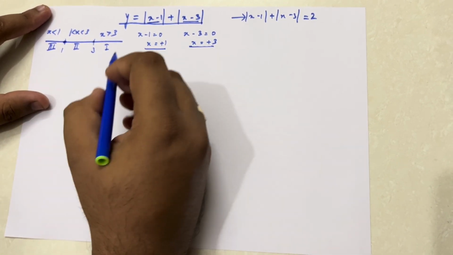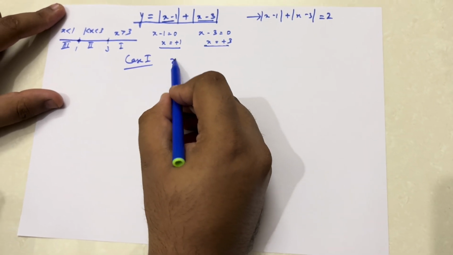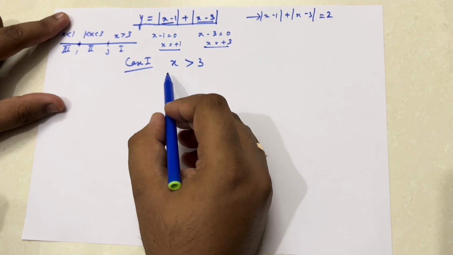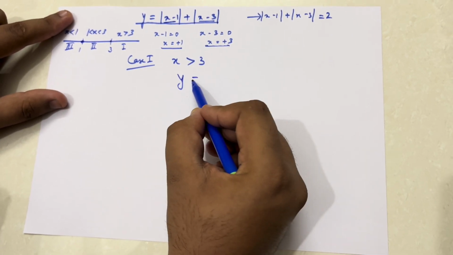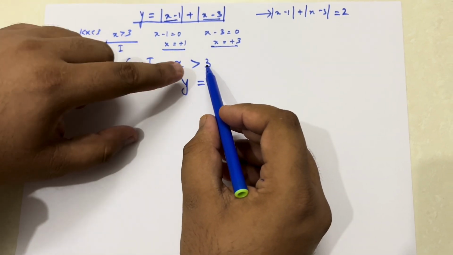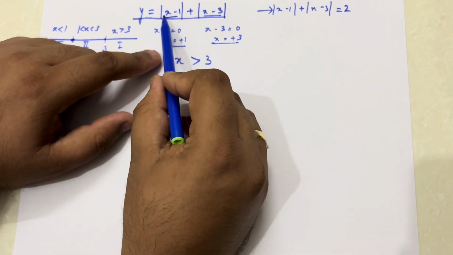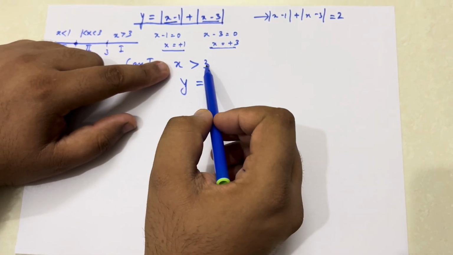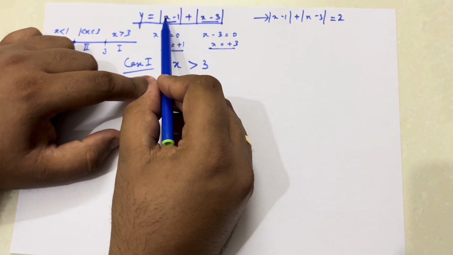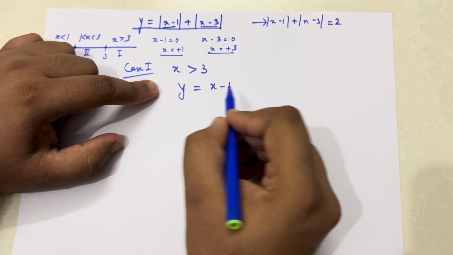So let us take case 1 now. Case 1 is x greater than 3. What will happen to this equation when x is greater than 3? X can be 4, 5, 6, 7, 8, so this part will always be positive, and I can remove the mod.